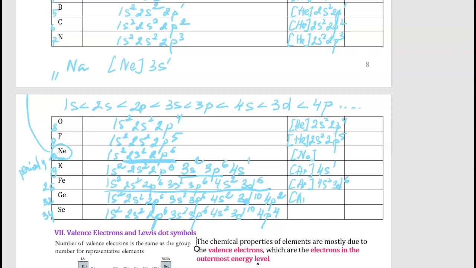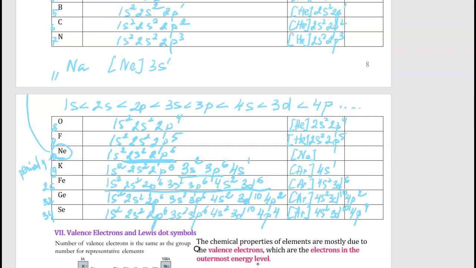This one, 4s2, 3d10, and 4p2. And this one, selenium, 4s2, 3d10, and 4p4. Sometimes when the d subshell is finished, we don't need to mention it.